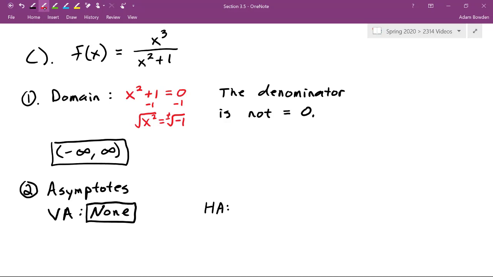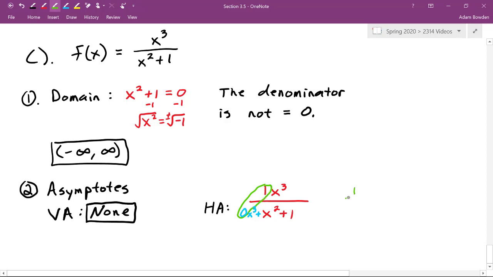I'm just going to use the shortcut way of getting there without having to go into too much thought about limits and things like that. For this kind of function, notice how there's an x cubed on top, but not an x cubed in the denominator. So what we did in college algebra was to put an x cubed term in the denominator and look at the leading coefficients.